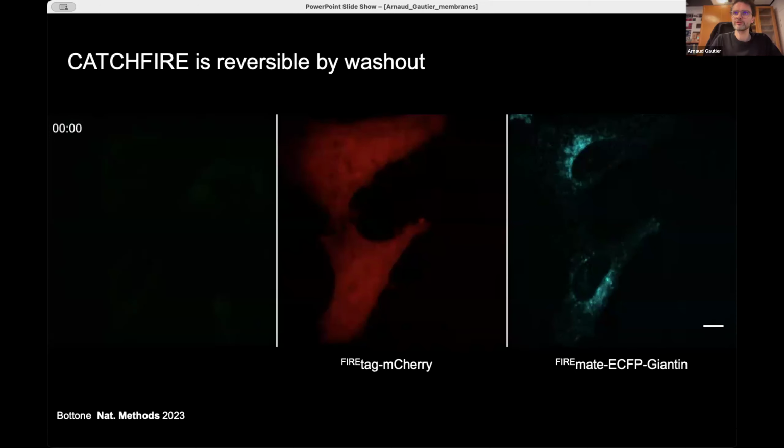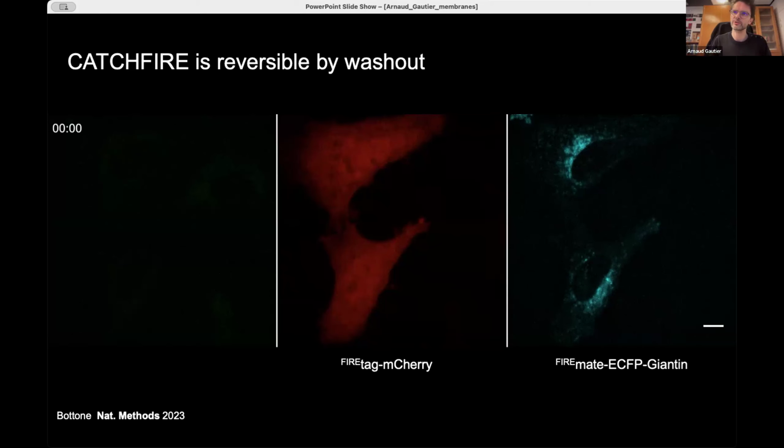What's very important for this kind of chemically induced dimerization tool is of course that you want to eventually use them to have temporal control of the process. The temporal control can come from the addition of the small molecule to induce the dimerization, but of course it can also come from stopping the interaction by simply washing out the small molecule.